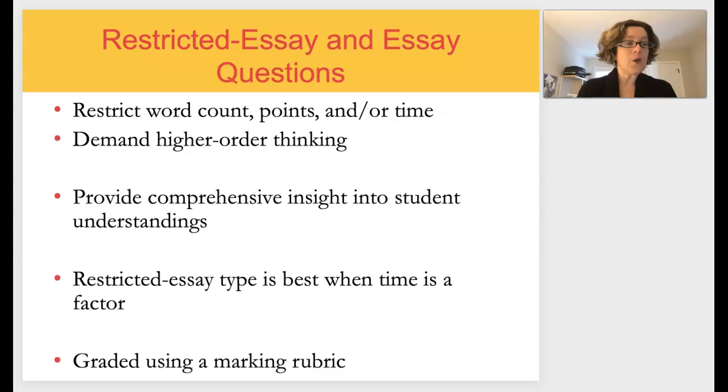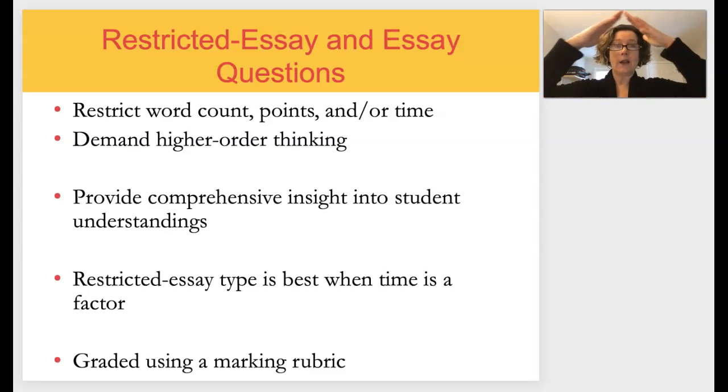It also demands some higher order thinking, because I would assume you would go up into the higher levels of Bloom's in these essay questions. So start to talk about analysis, connection, and creation of the concept.